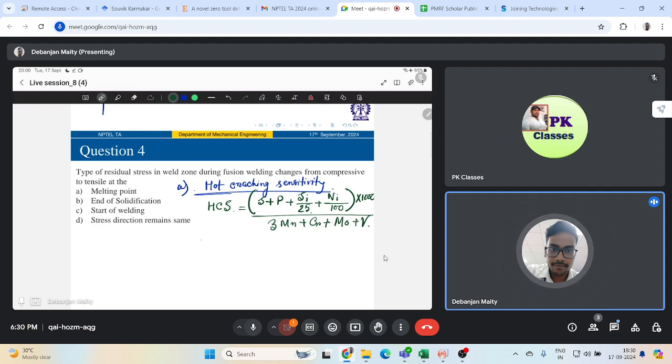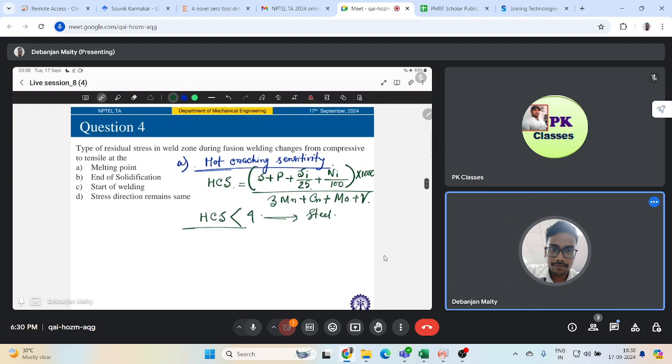Depending on their calculation, they have found out if HCS is less than 4, my steel is not sensitive to hot cracking. If it is greater than 4, the probability will be more to crack, right?